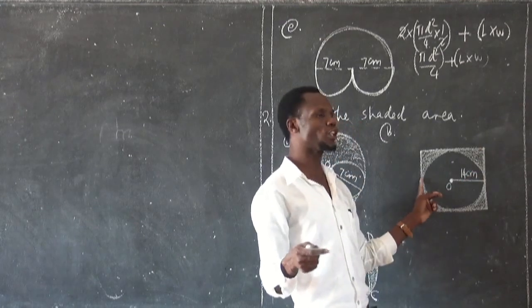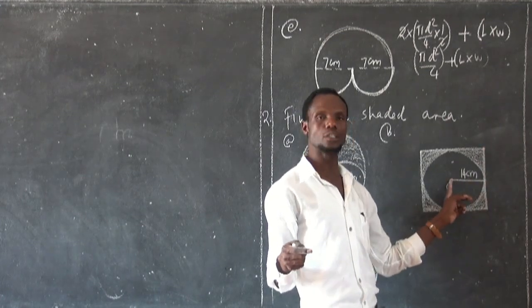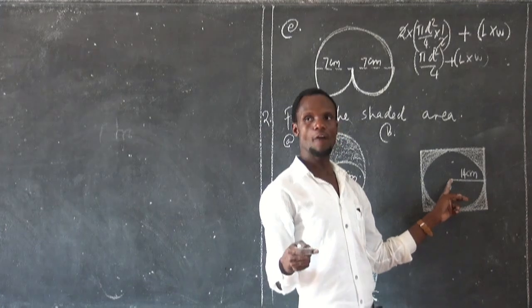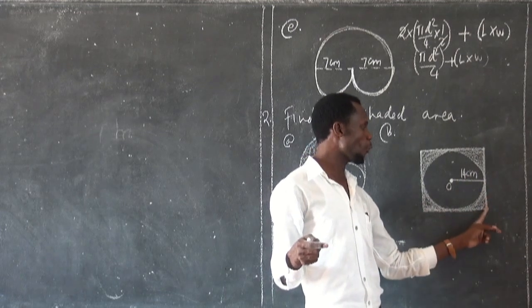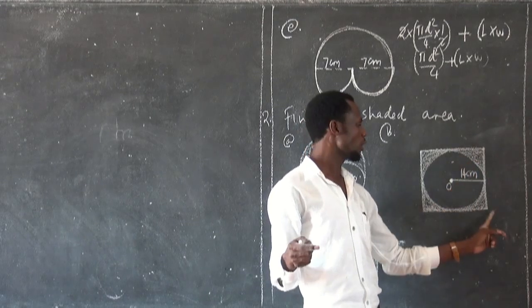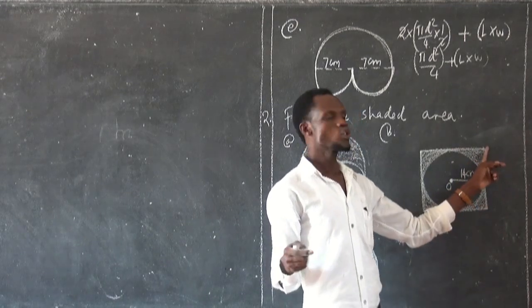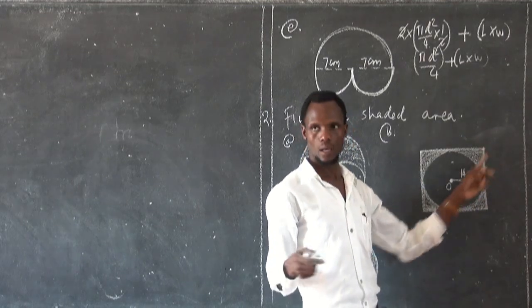But remember, from here up to here is 14, that is the radius. Therefore, the diameter is 28. So we have 28 as the diameter, and we have 28 as the side of the square.